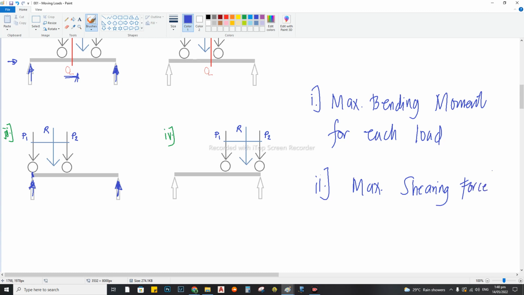For the maximum bending moment, we test: test 1, test 2 for two wheels or two loads, or if there are three concentrated loads, then test 3. So we have three tests to determine the maximum bending moment for each load.